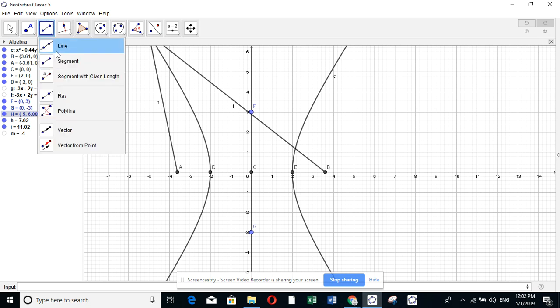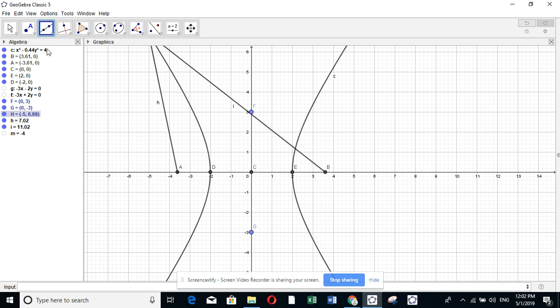I draw a parallel to the x-axis, because these are the two vertices and this is the co-vertex.